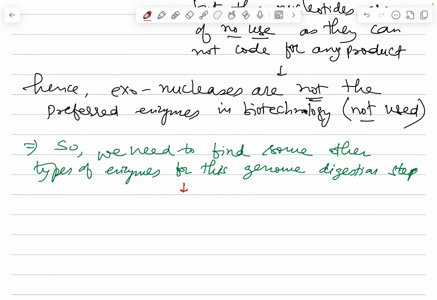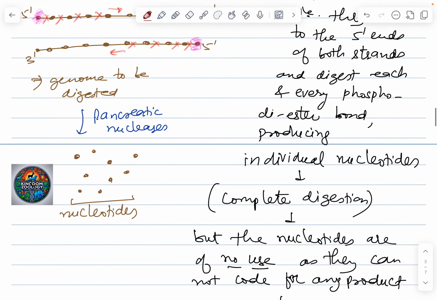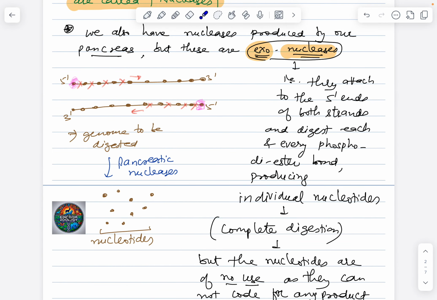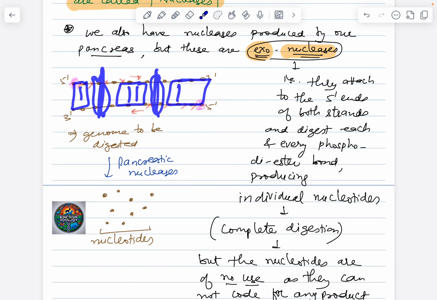Where do we find such enzymes from? We require enzymes that can attach to the genome and break it down at maybe irregular intervals. Regular intervals don't matter. I need enzymes that can attach maybe over here, cut, maybe over here, cut, so that I can get 3 fragments, so that one of them possibly is going to code for my desired gene.